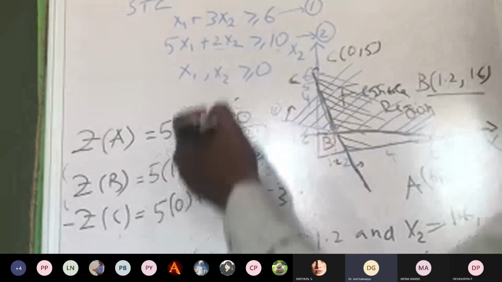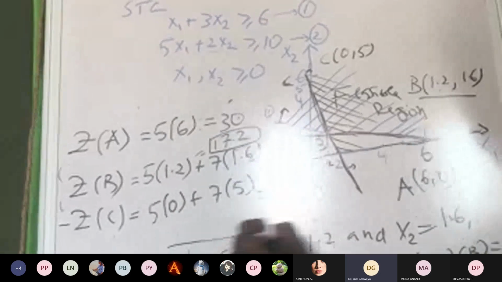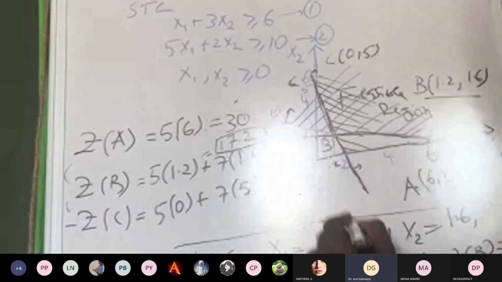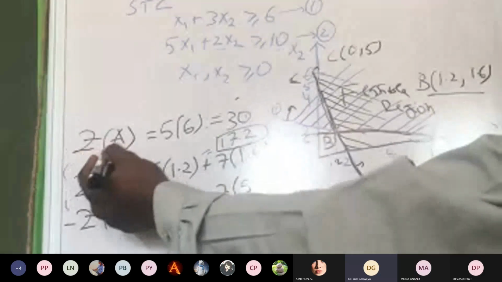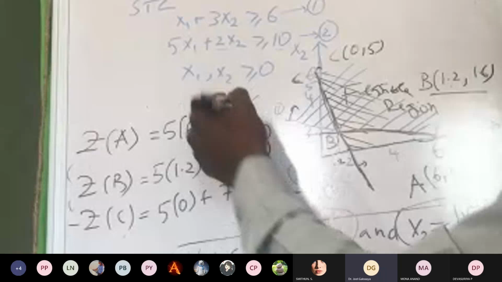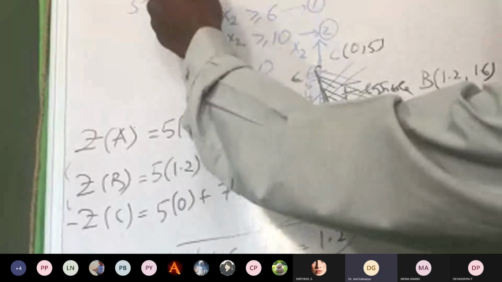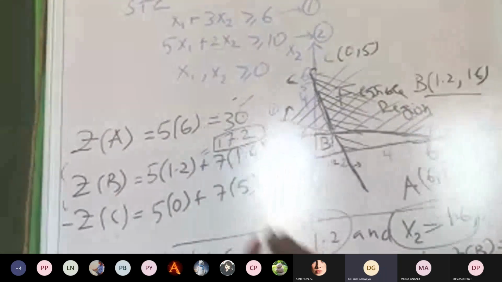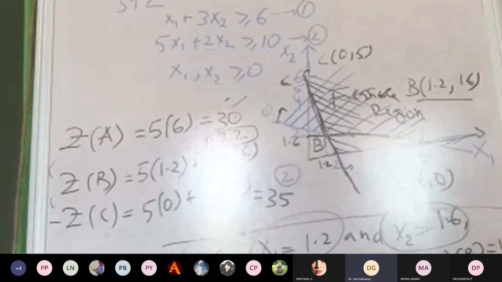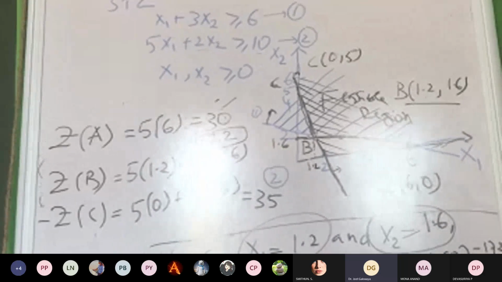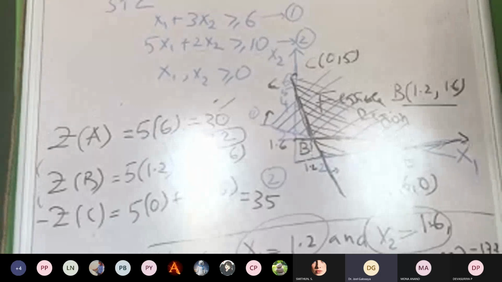So our final answer should be written this way. You have to mention the coordinates of the point which give us the answer. As you can see, the other points also give answers, but they give us the highest, and we need to minimize. For minimization, we look at the point which gives us the minimum cost. For maximization, we look at the point which gives us the maximum profit.